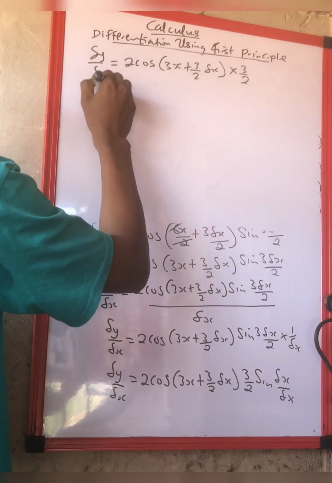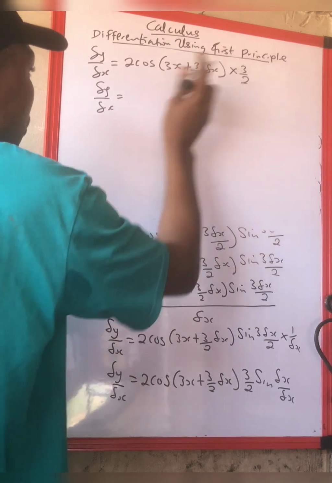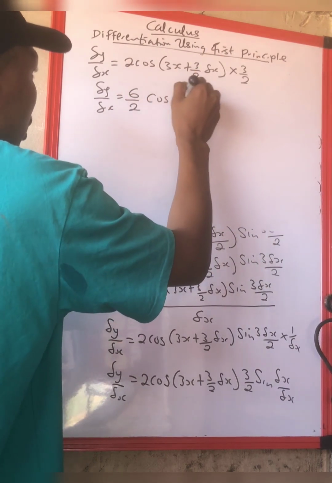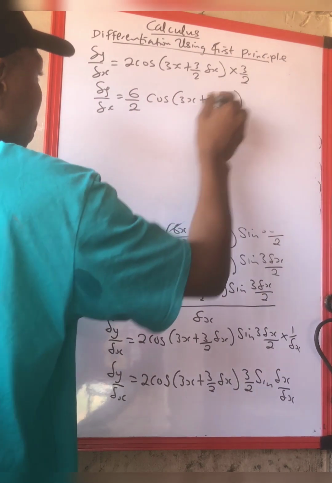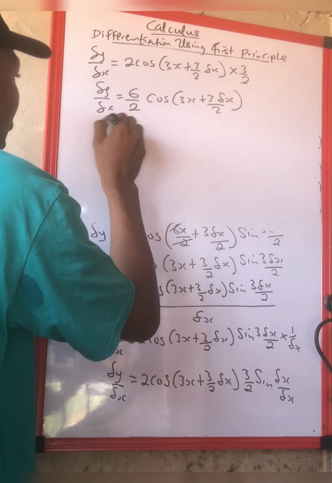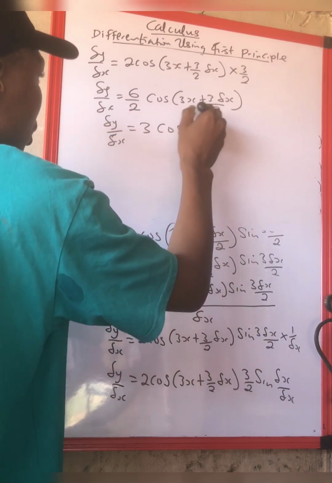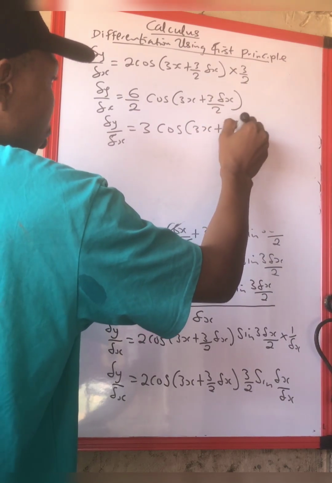So from there we have change in y over change in x. So this 2 and 3 times 2 will give us 6 over 2, then cos(3x plus 3 change in x over 2). Okay, we have change in y over change in x equals 3 cos(3x plus 3 change in x over 2).